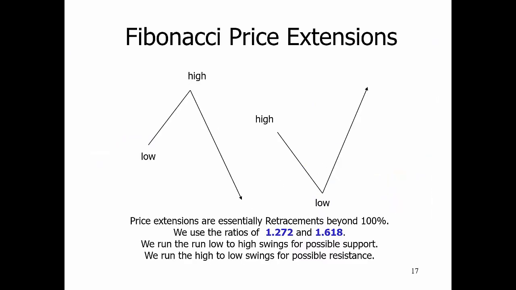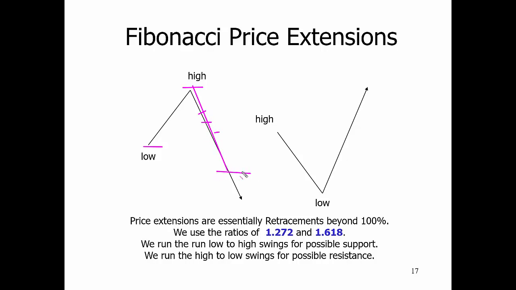All right, so let's look at what I like to call Fibonacci price extensions. Now, extensions are essentially retracements beyond 100%. You're still only using 2 points on the chart to come up with it. So you're still going to measure a low to a high, but instead of just using those retracement ratios, you're going to use the extension ratios.